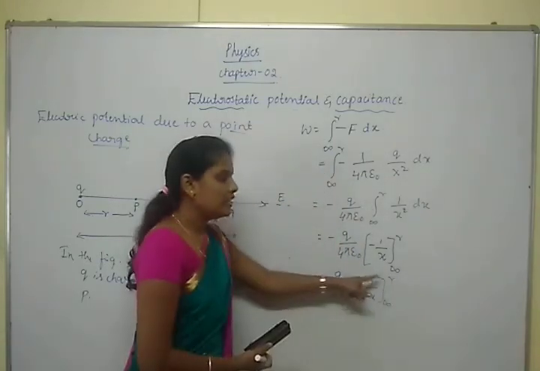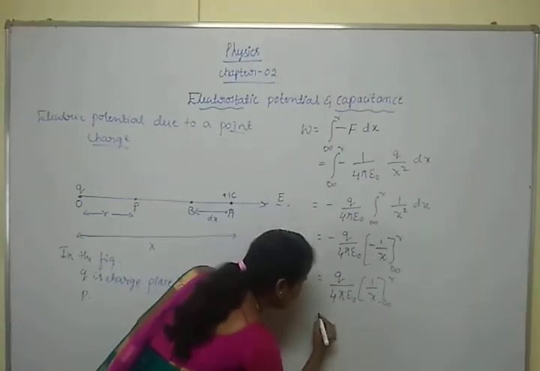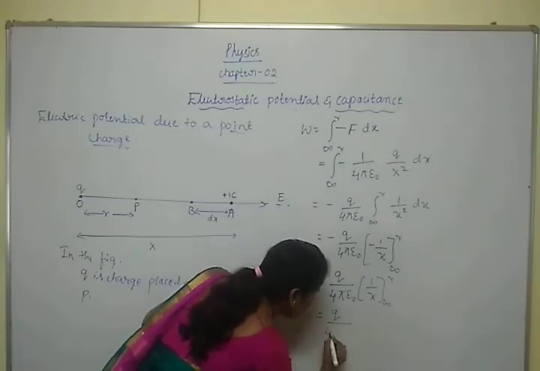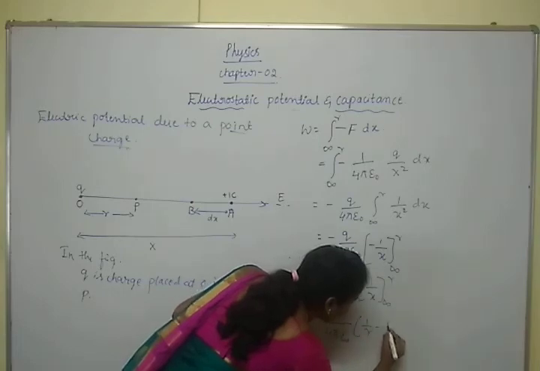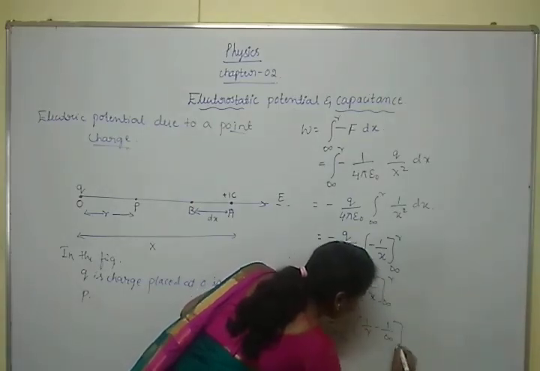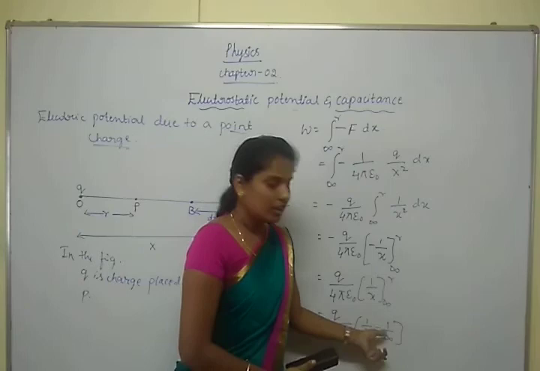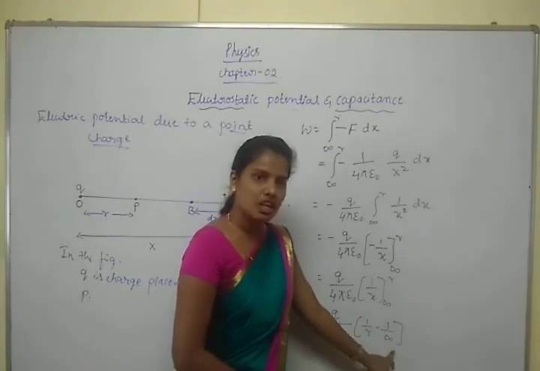Applying the limits, we get Q divided by 4 pi epsilon naught times 1 divided by r minus 1 divided by infinity. The value of 1 by infinity is 0.